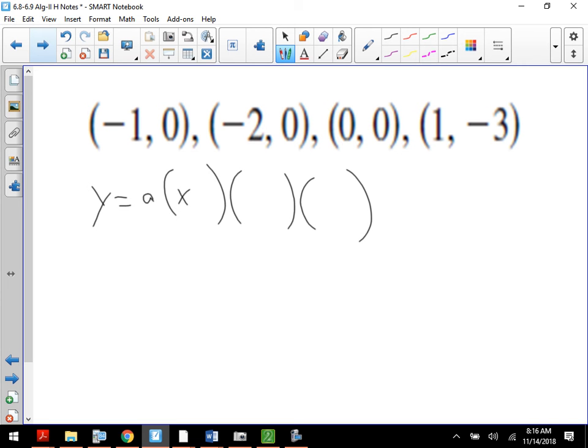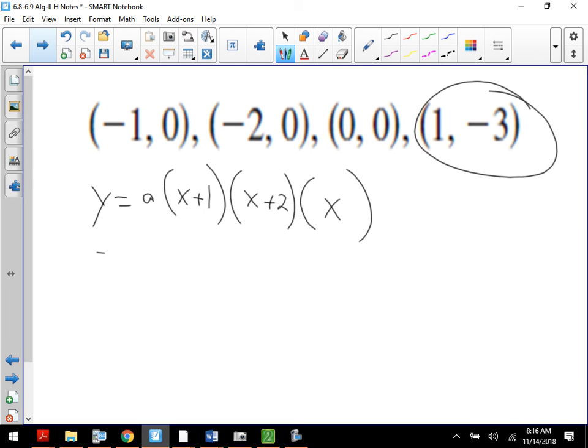What's the term if negative 1 is the 0? Plus 1. What's the term if negative 2 is the 0? What's the term if 0 is the 0? And then here's your x and y value to substitute in to solve for a.